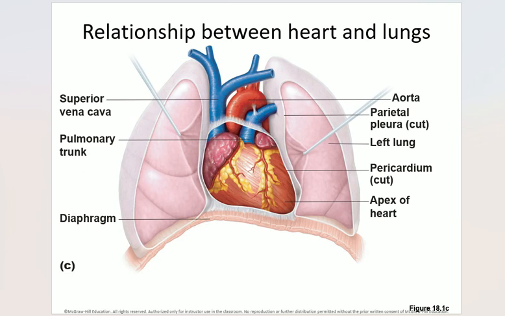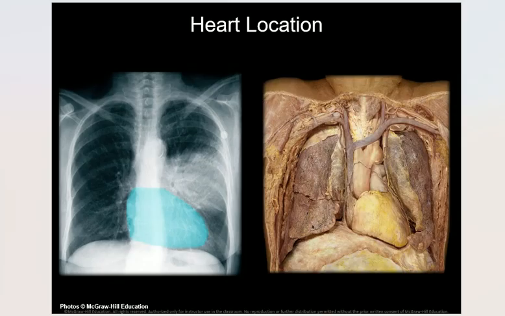This is a cadaver heart, so you can see the lungs here. You can see the pulmonary trunk going to the left lung right here. But that's the biggest piece that you can see here: lungs, heart, and the pulmonary trunk going towards the lungs.